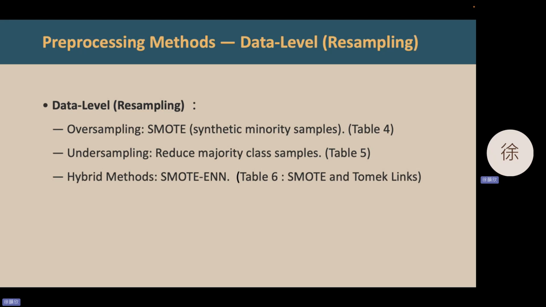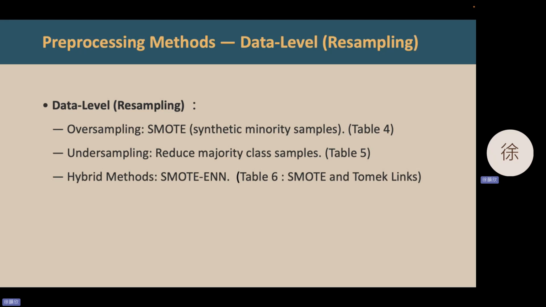If there are very few patients with one disease and many with another, the model might be biased towards predicting the more frequent disease. Although undersampling may lose some information, it can reduce computational complexity. And the hybrid methods can combine both oversampling and undersampling techniques, such as SMOTE-ENN.